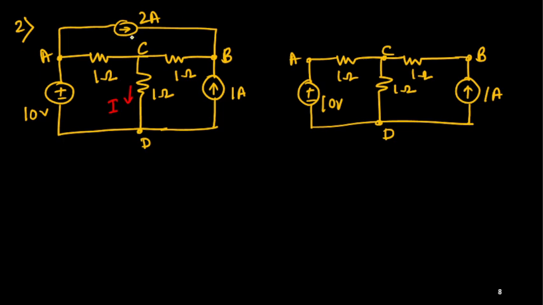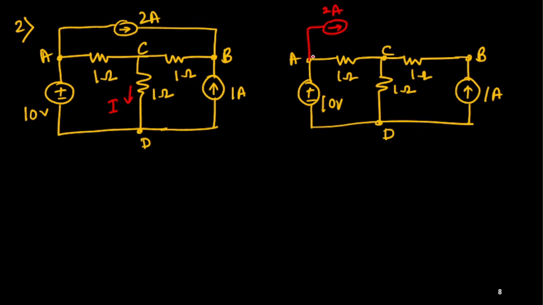Now this 2 ampere, what can I do? I can take one equivalent circuit. How can we do that? From this branch, this 2 ampere current should leave. So can I consider this 2 ampere current source as leaving from this branch?